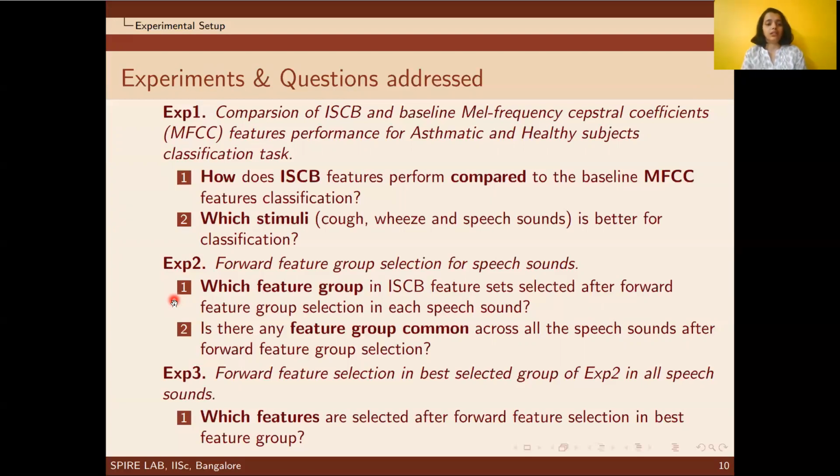We asked another question: is there any feature group which is common across all the speech sounds? In our last experiment, experiment 3, we did forward feature selection in the best selected group of experiment 2 in all speech sounds.